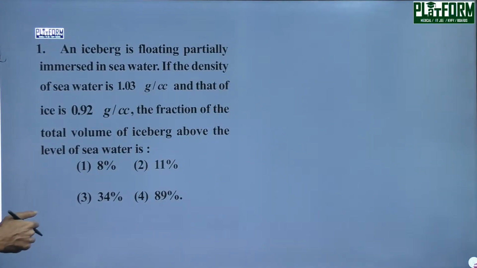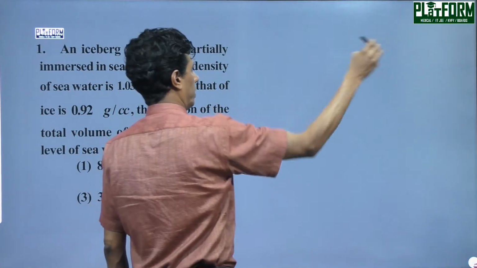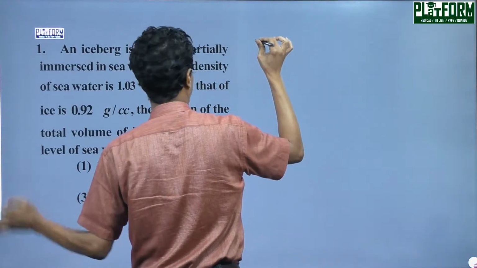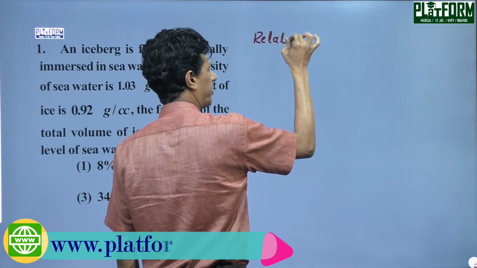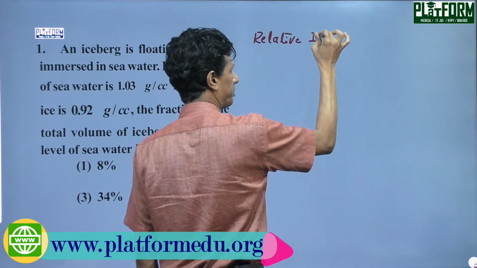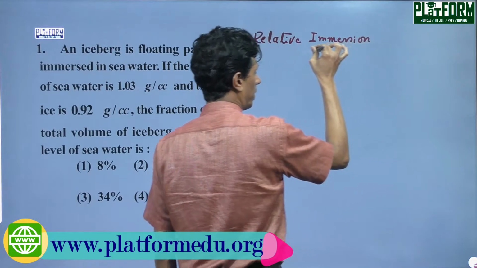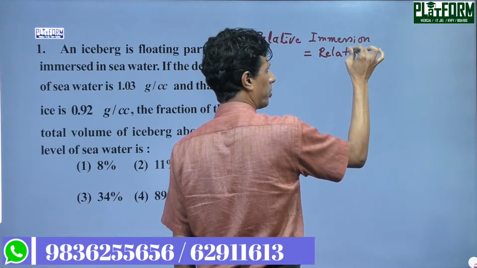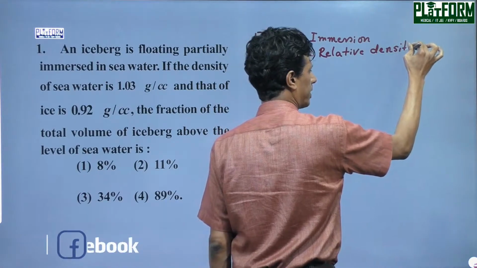An iceberg is floating partially immersed in seawater. Relative immersion is equal to relative density.